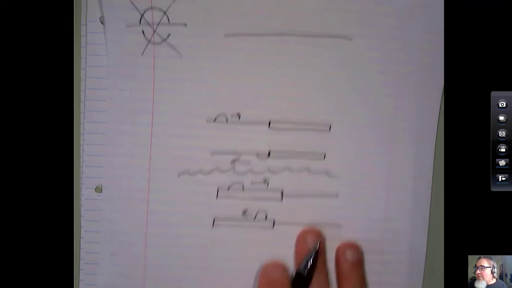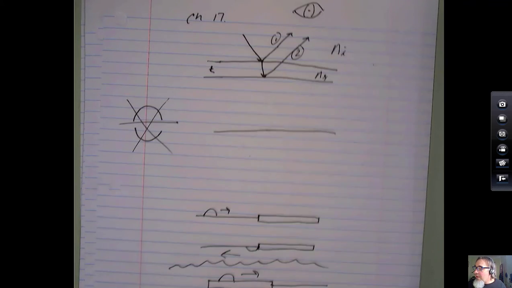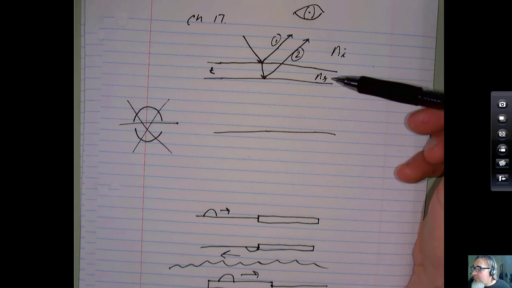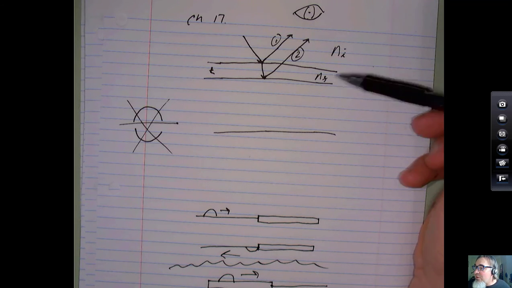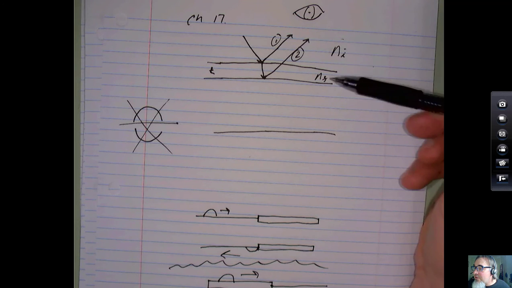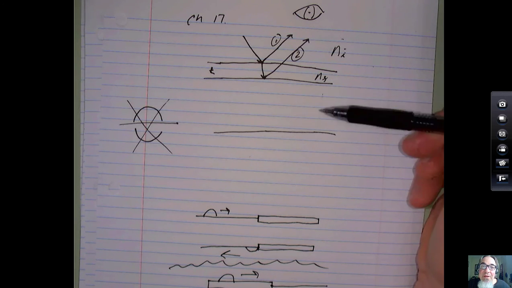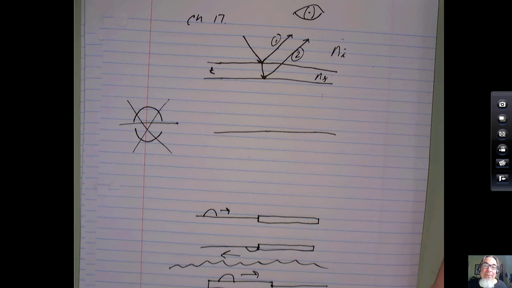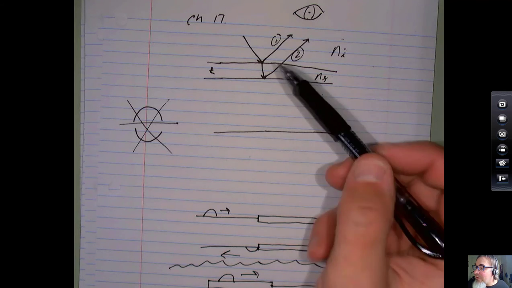Now that happens with films if the incident index of refraction is greater than that of the film. That's usually not the case. Usually this is air up here, and this is the film, and then this is whatever the film is on. Like this could be, for example, air, oil, and water, something like that. Now the same thing happens at this other interface.